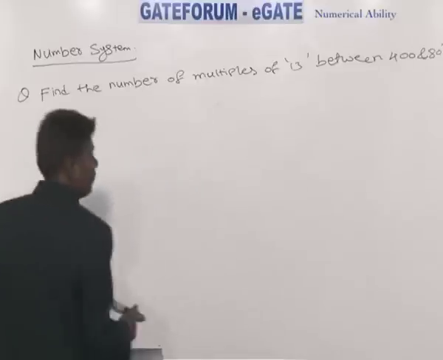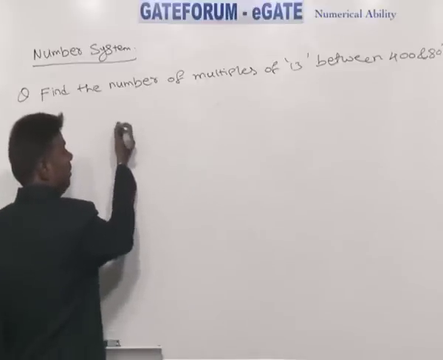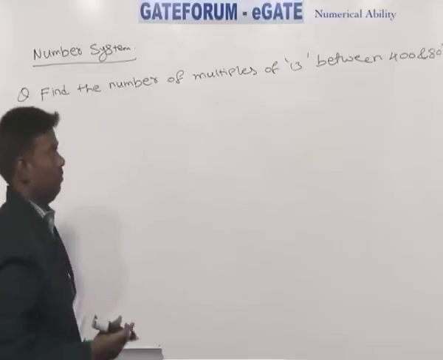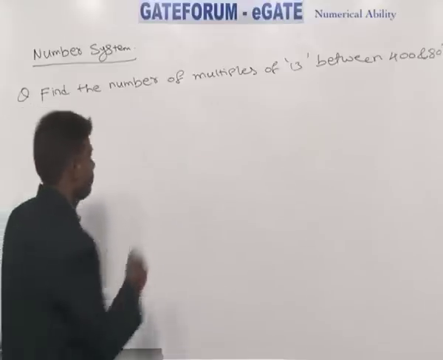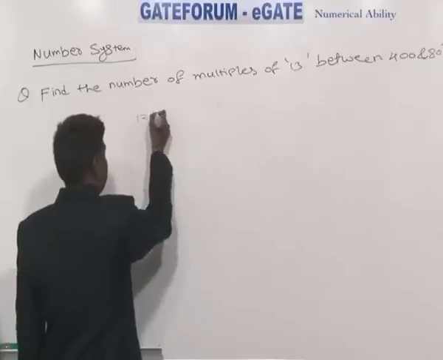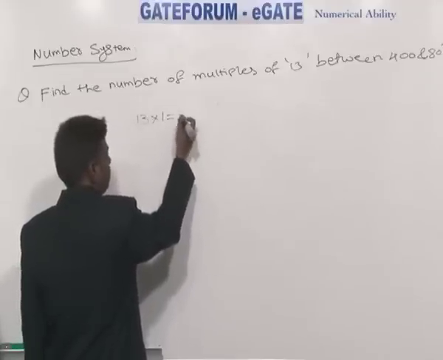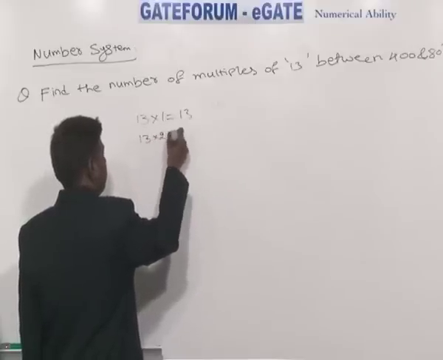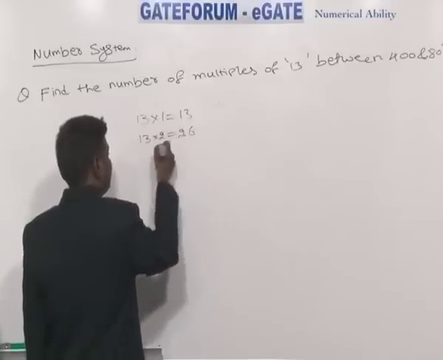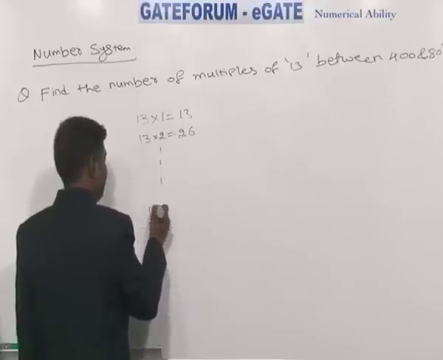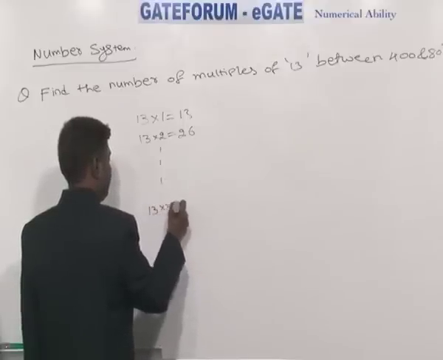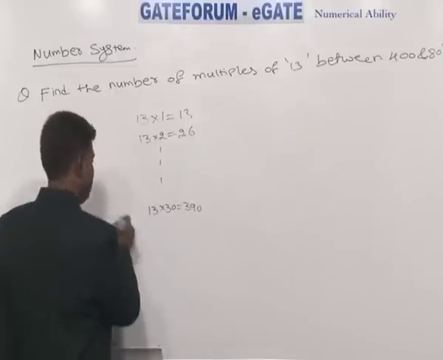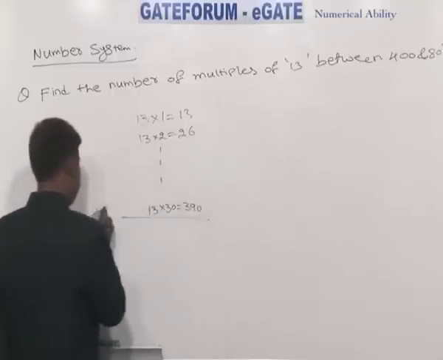Okay. Let us consider multiples of 13 less than or equal to 400. What I am trying to say is 13 into 1 is 13, 13 into 2 is 26, and 13 into 30 is 390, so less than 400.